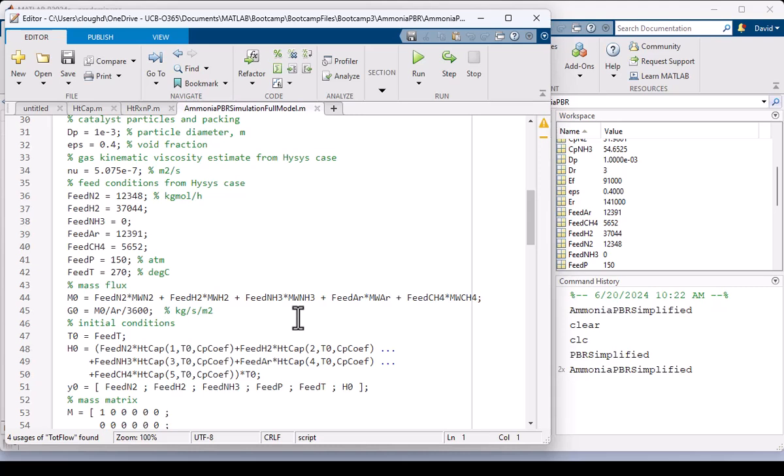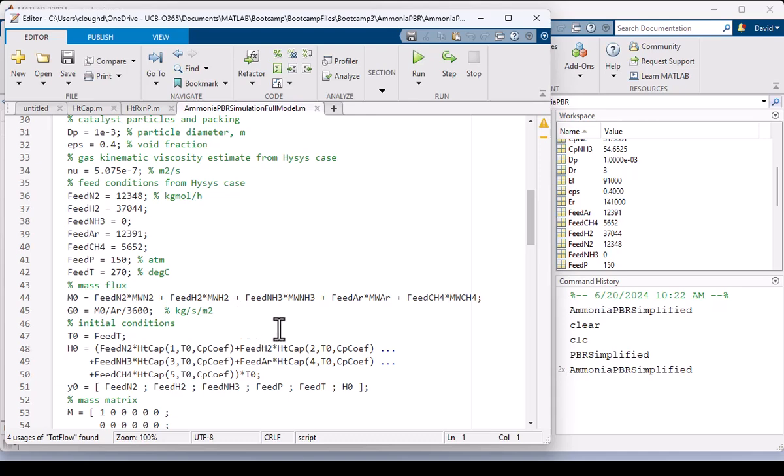we calculate, we have a couple of additional parameters here, kinematic viscosity, which we get from HYSYS as a constant parameter, and then we do our initial mass flux, all right, and then we compute the G0 value for the Ergun equation, which is going to be constant.